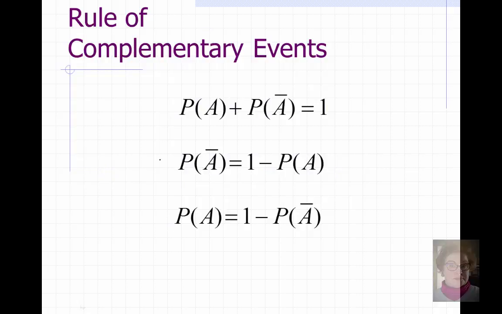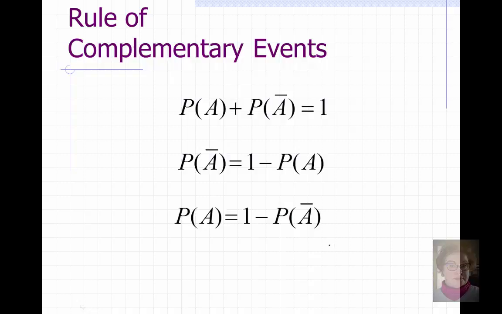They're very similar to the rules we had before. So let's look at the rule of complementary events. The probability that A will happen plus the probability that A won't happen, it will be 1. The probability of not A is 1 minus the probability of A. The probability of A is 1 minus the probability of not A.